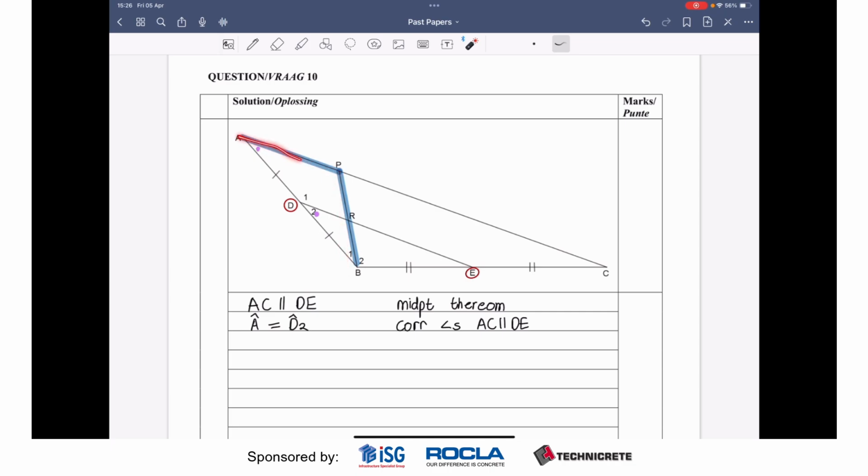So if these two are equal in length, then it means that this APB is an isosceles triangle, and in an isosceles triangle, the angles underneath the equal opposite sides are going to be equal as well. So that means that this angle A is going to be equal to this angle B1.